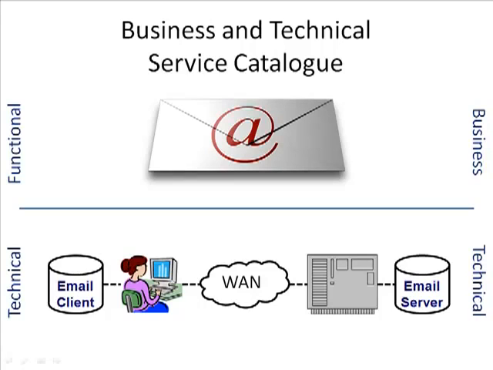And they all need to work together, otherwise you can't provide email end to end. Also realize that if one of those internal technical teams has to do some maintenance on, for example, the hardware, it means it typically has an impact on your business services. So whatever you put in your business service catalog, and whatever you put in your technical service catalog, of course, all that stuff needs to be aligned with each other.